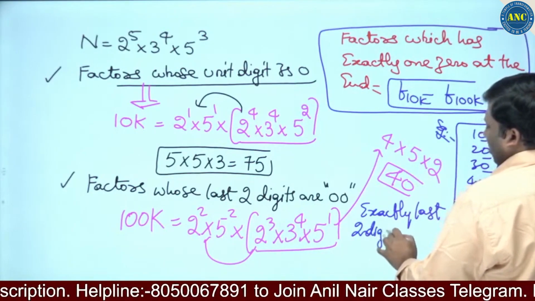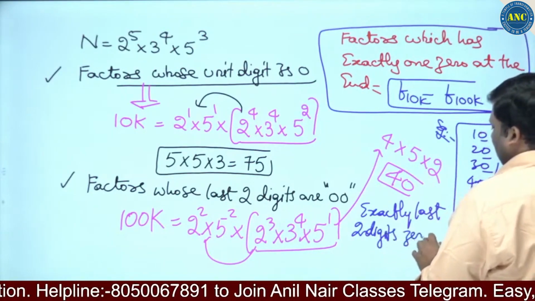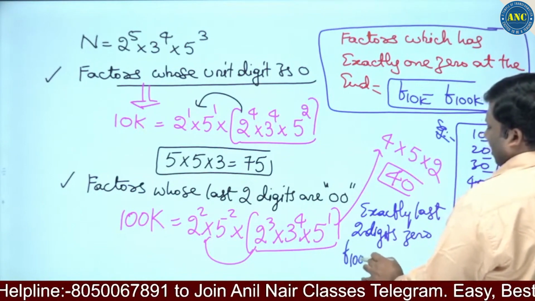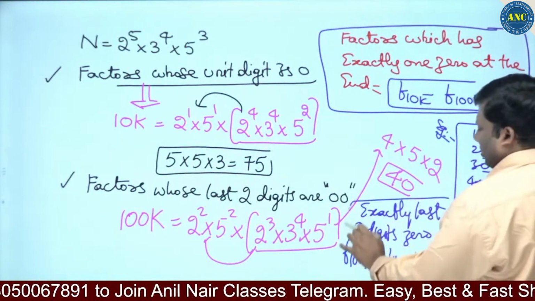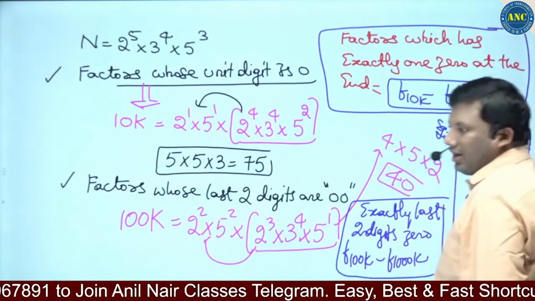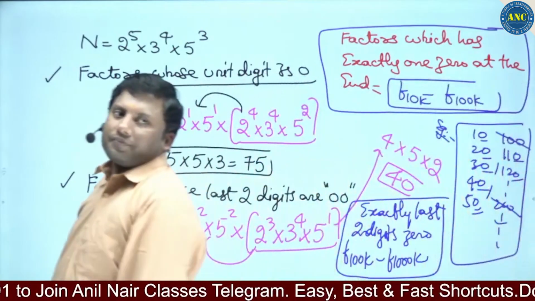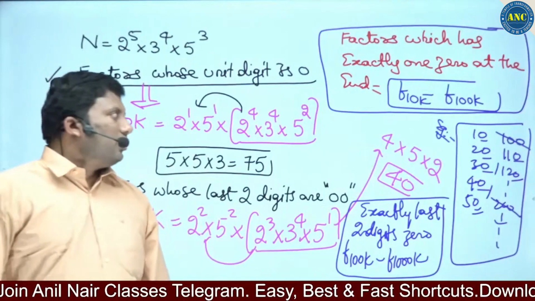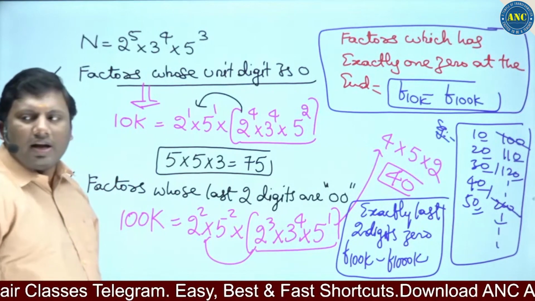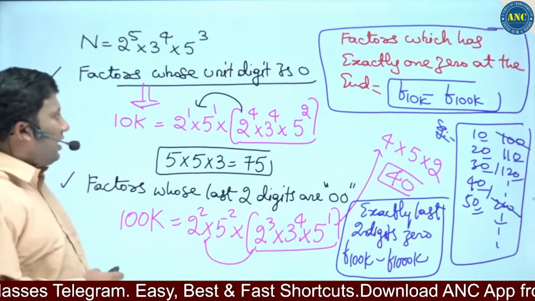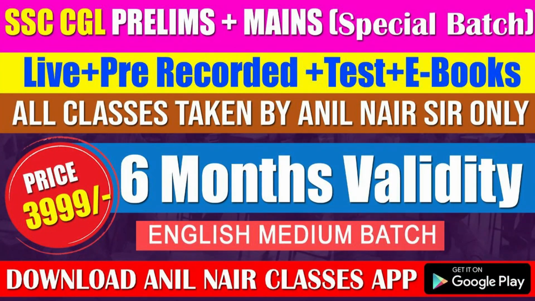It is factors which are multiples of 100 minus factors which are multiples of 1000. I hope the concept is clear. Very, very good question. This kind of question regularly comes in various examinations. I hope the idea is clear.